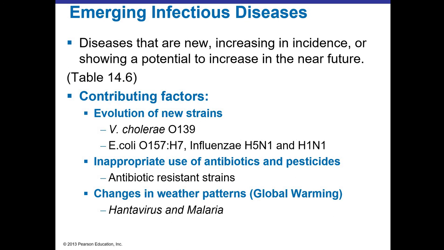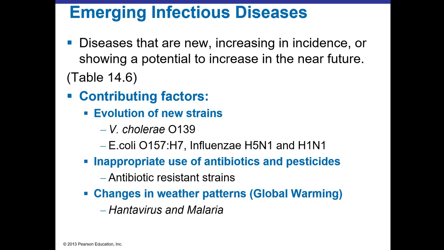For emerging infectious diseases, these are relatively new or increasing in incidence. They show the potential to increase in the near future, and that's why we have things like a novel coronavirus emerging. Contributing factors, what we're seeing with the coronavirus is true of other strains. So we had the emergence of a nasty strain of Vibrio cholerae, the O139, becoming more problematic.